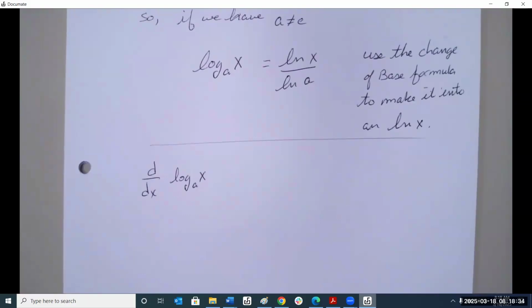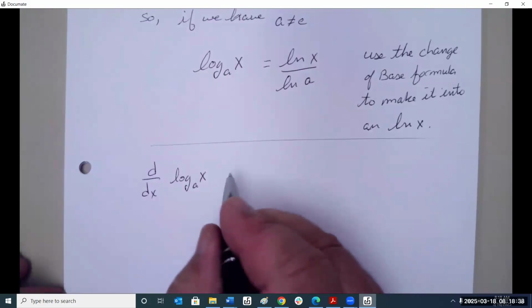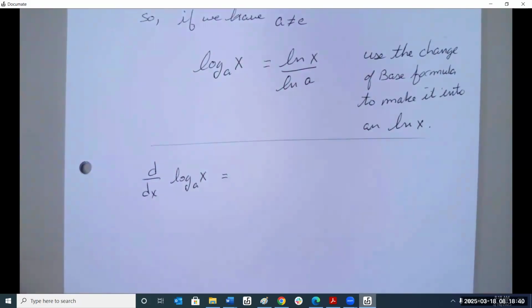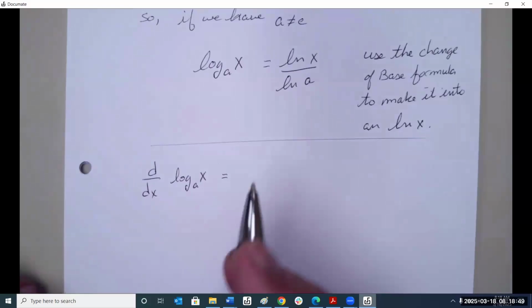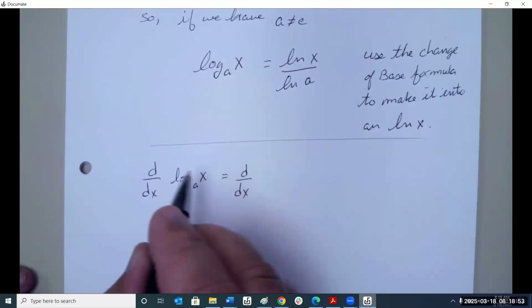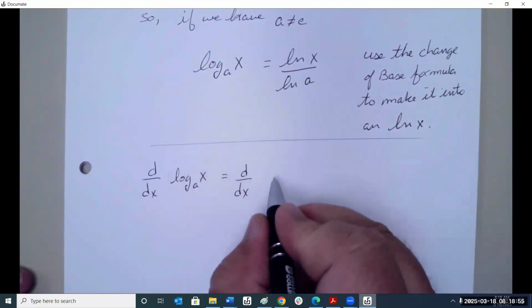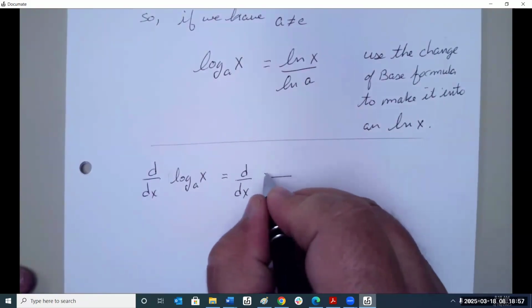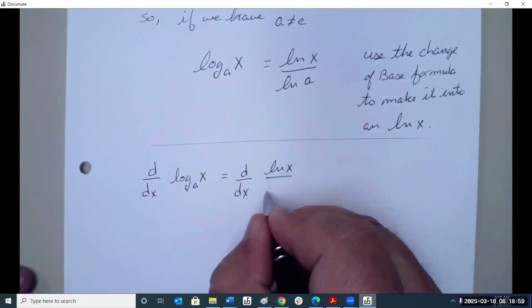So we take the derivative of a function log base a of x. The first thing we have to do is rewrite our log function as ln.